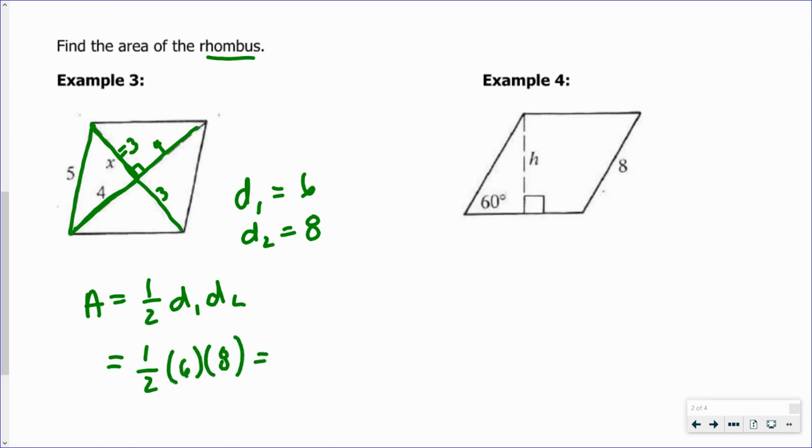So this will end up being 48 divided by 2, which is 24 units squared. Okay, and that's a shortcut if you know the lengths or if you can find the lengths of the diagonals to help you find the area of a rhombus. It's just 1/2 D1 times D2.